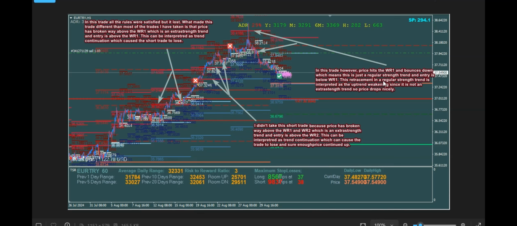This retracement in a regular strength trend is interpreted as the uptrend weakening, since it is not an extra strength trend. So price drops nicely when I entered here. Value is found below the daily middle pivot, and you see a nice drop here, okay?